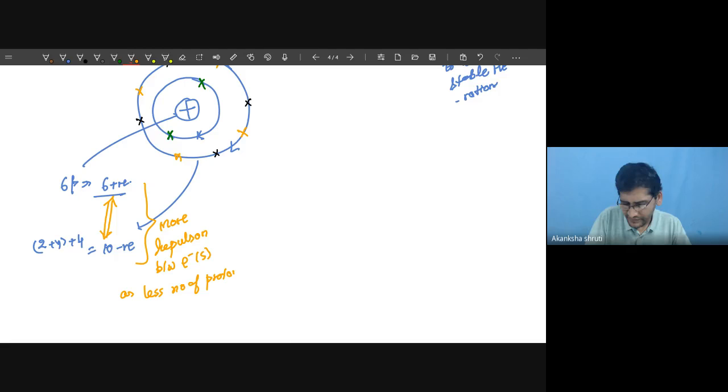Here you can see nearly 40% extra negative charge. So this cannot be balanced.